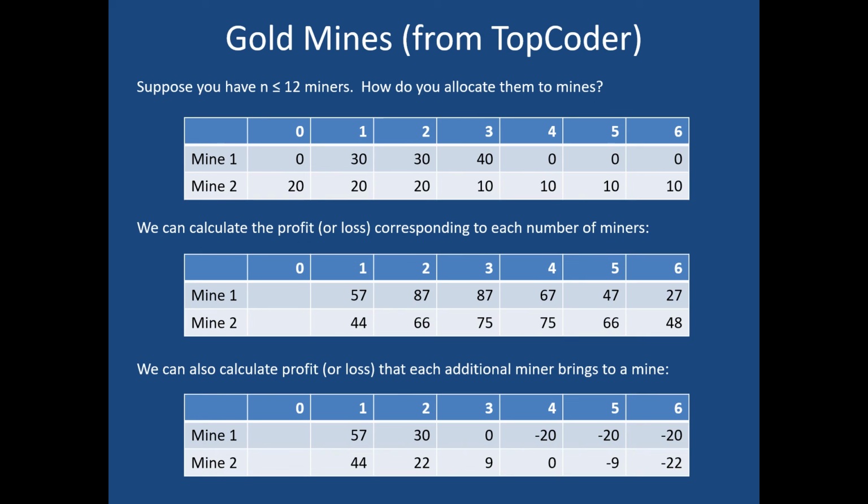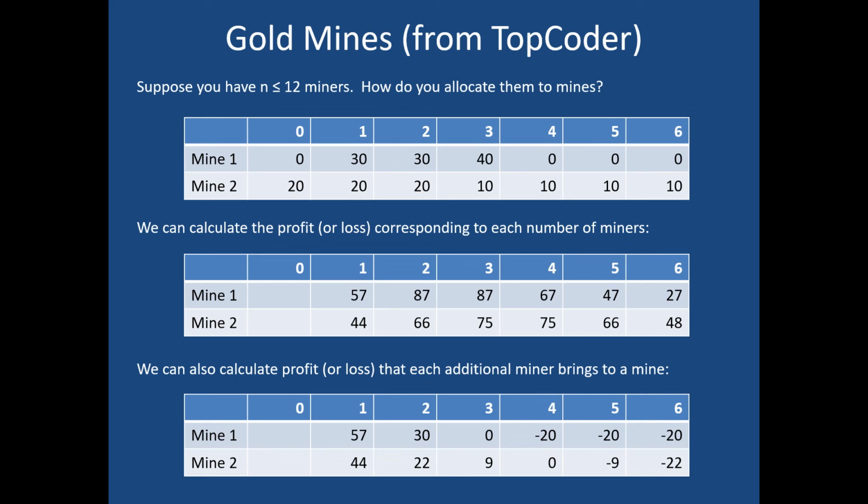If you add another miner, you're losing $20, and so on. And you see the same thing for mine 2. Now, do you notice any pattern to those numbers? They're decreasing. And it turns out if you think about the problem long enough, the way it's set up, you can convince yourself that these numbers decrease, or at least don't increase. It's a non-increasing sequence.